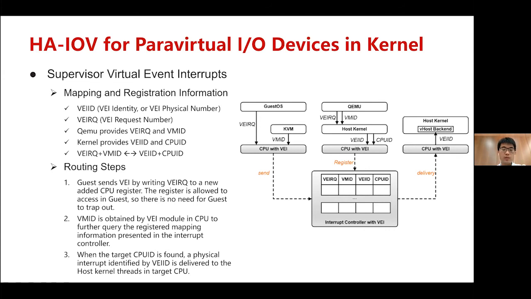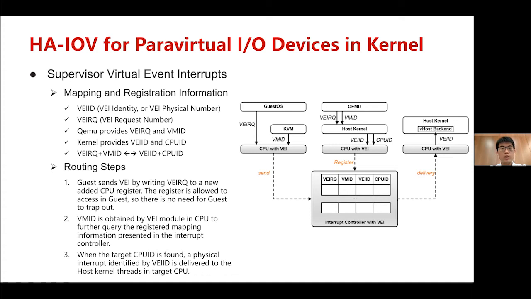More specifically, the following steps will be performed to send and deliver a supervisor VI. Firstly, the guest sends a VI by writing a VI request to a newly added CPU register. The register is allowed to be accessed in the guest, so there is no need for the guest to trap out.